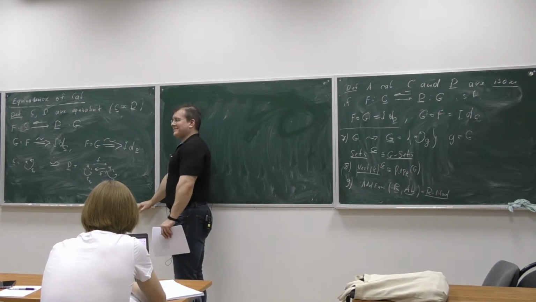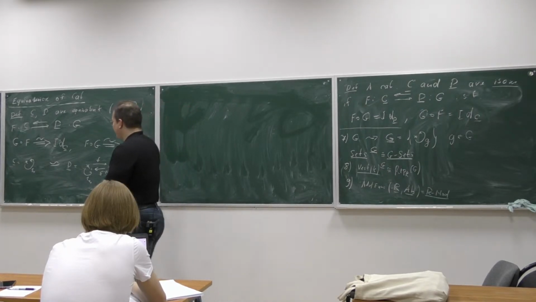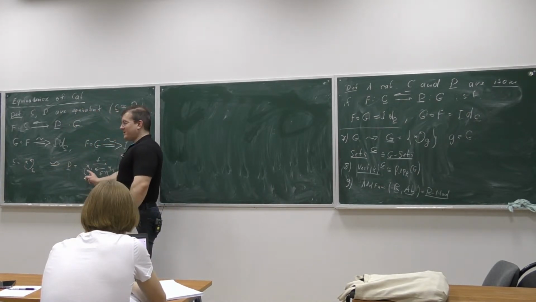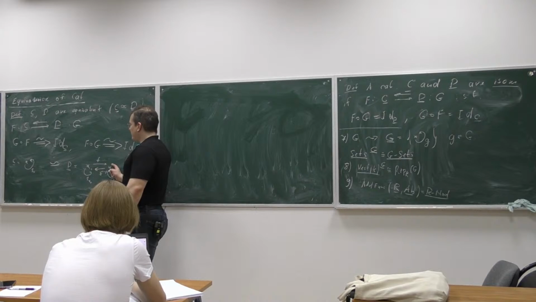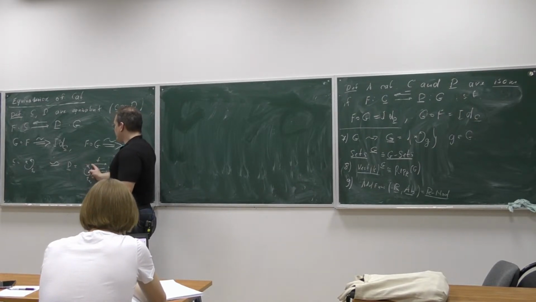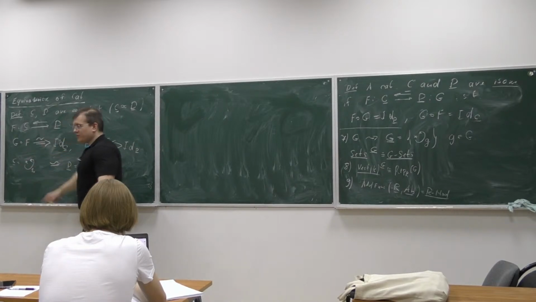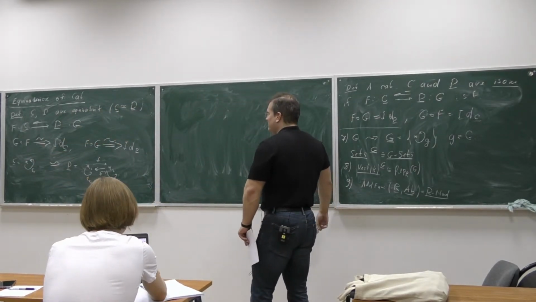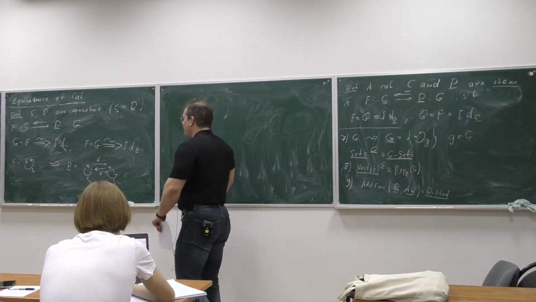You can take this thing and embed it as the first copy, or embed this as the second copy, and in the other direction, if you embed this as the first copy, take this first copy and map it back to this copy. So that's a typical example of two categories which are equivalent but not isomorphic.